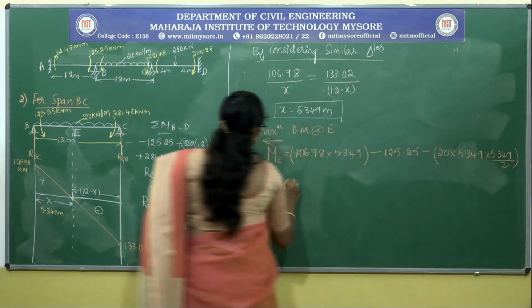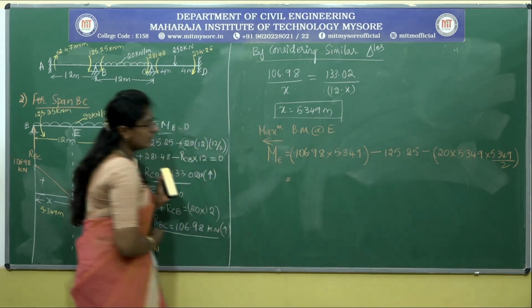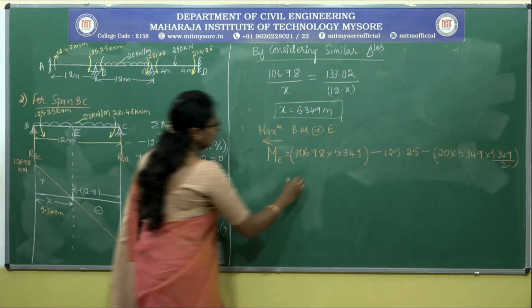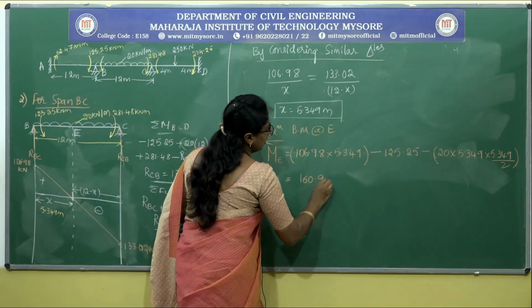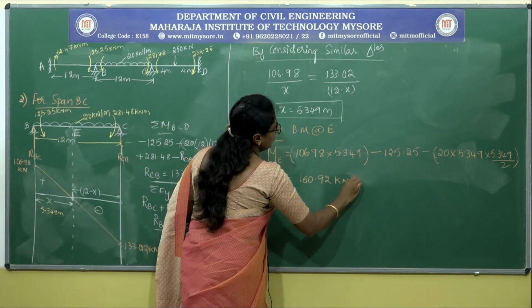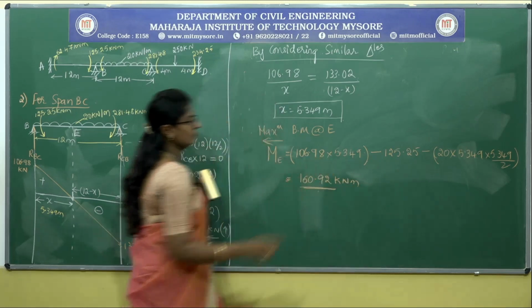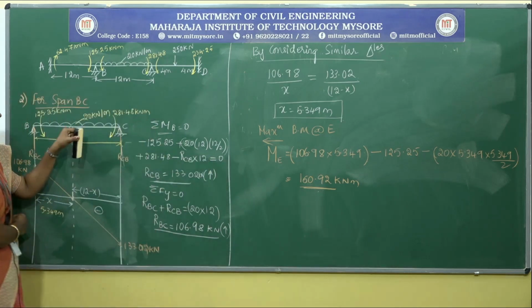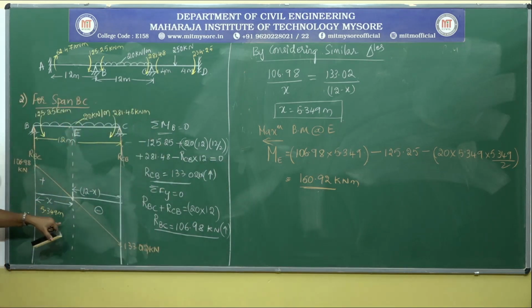So this moment is equal to 160.92 kilonewton meter. This is the maximum bending moment at point E at a distance of 5.349 meters.